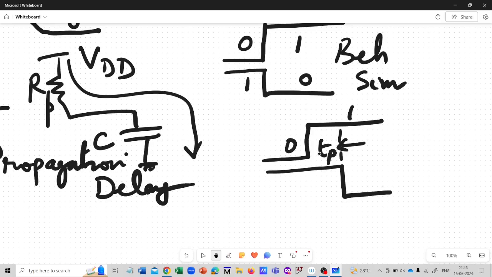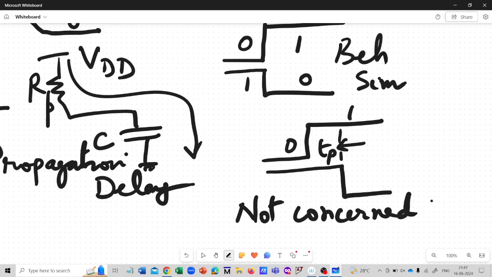So what you have to notice here is that the digital simulators, which are concerned only with simulating the circuit logically, are not concerned with the shape of the waveform. Please remember that the digital simulators are not concerned with the wave shape.